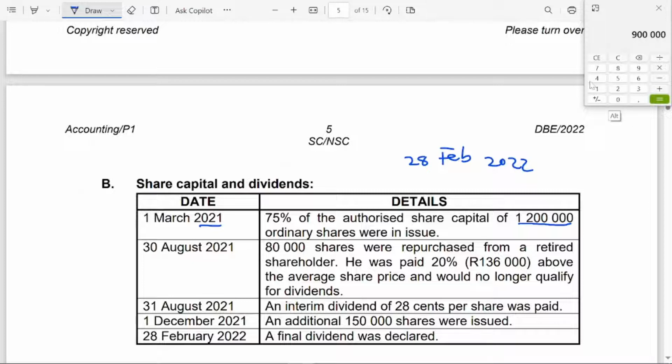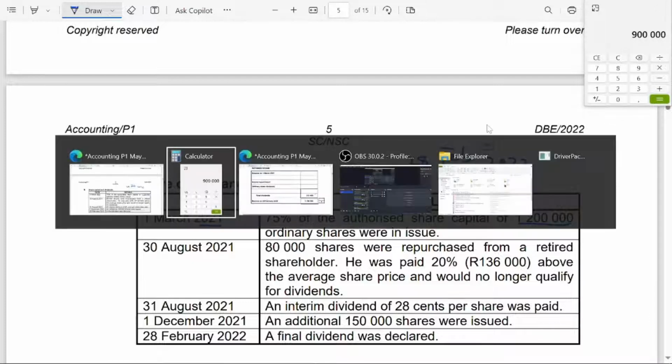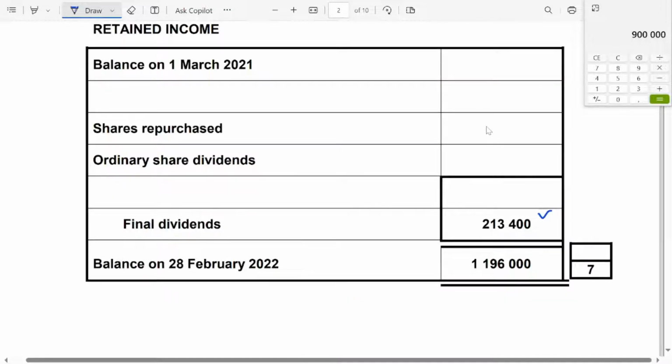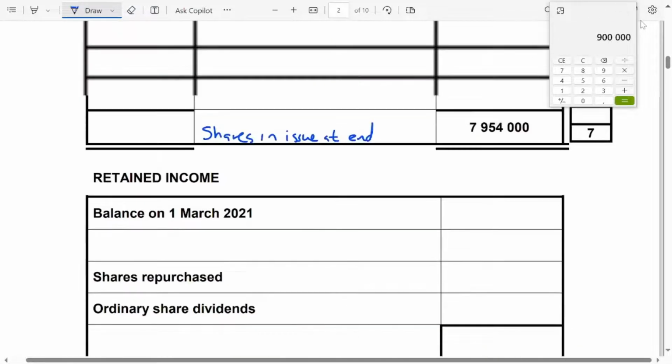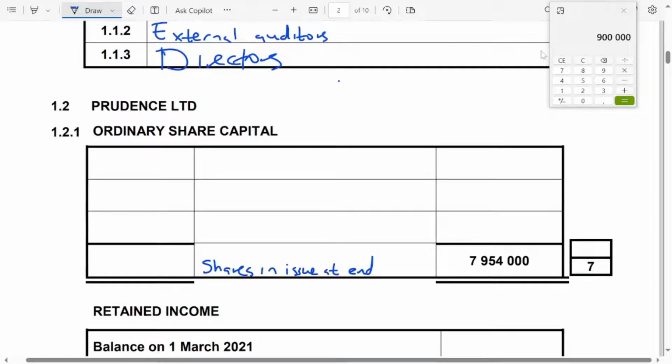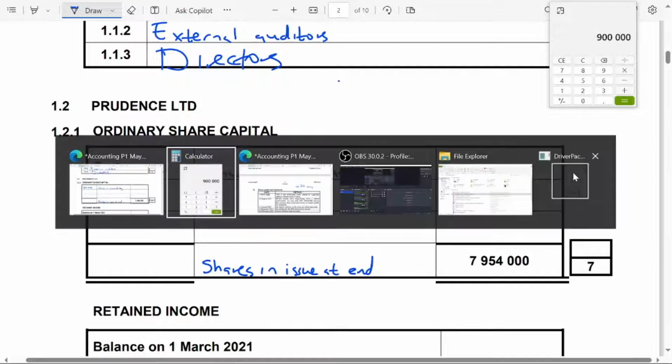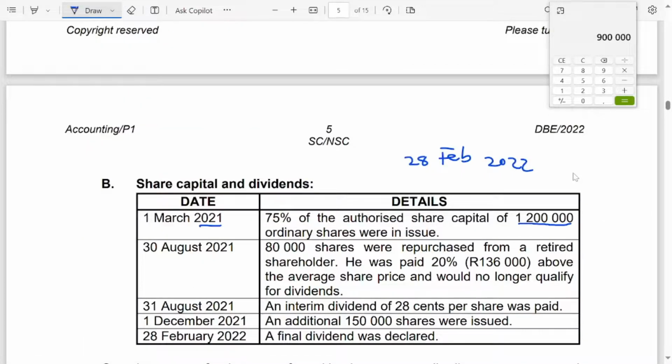That is 900,000 shares. So at the beginning of the financial year, the shares that were in issue were 900,000 in the ordinary share capital. Shares in issue at the beginning. So they did not tell us the value. They just told us about the shares.